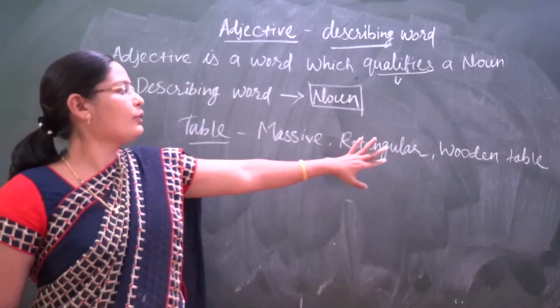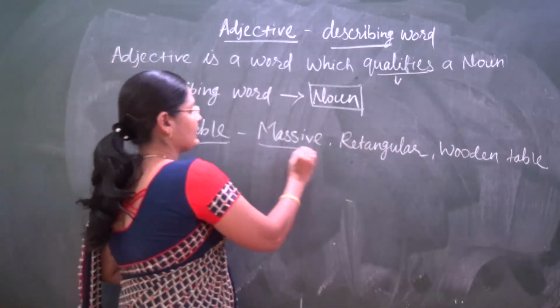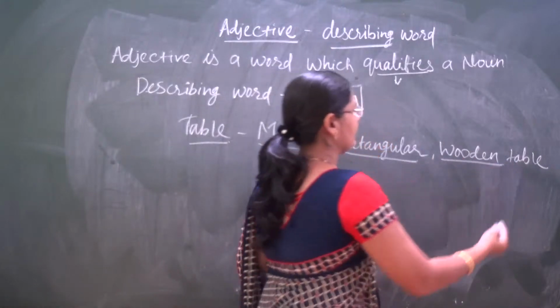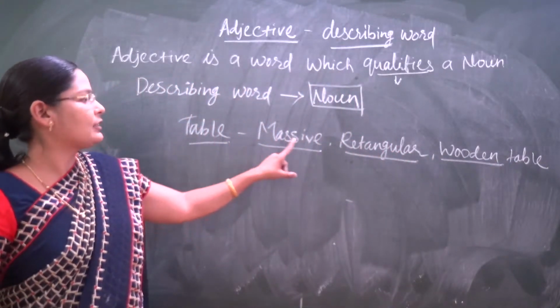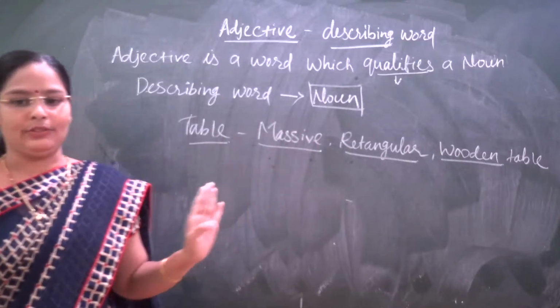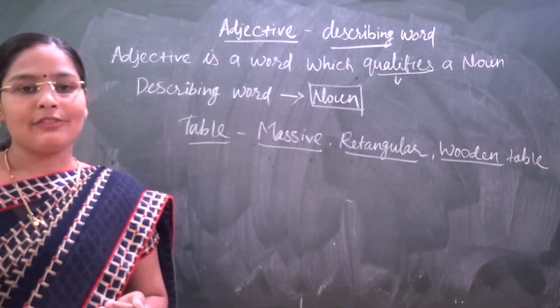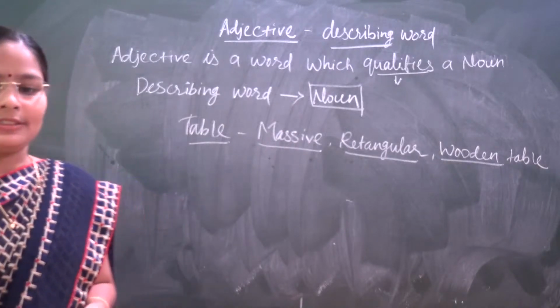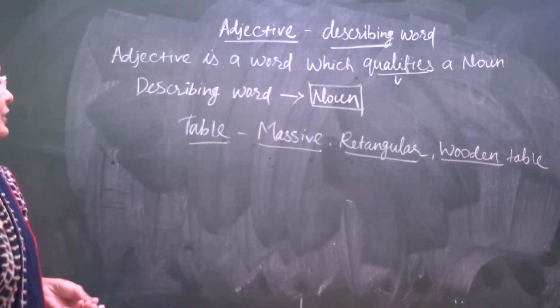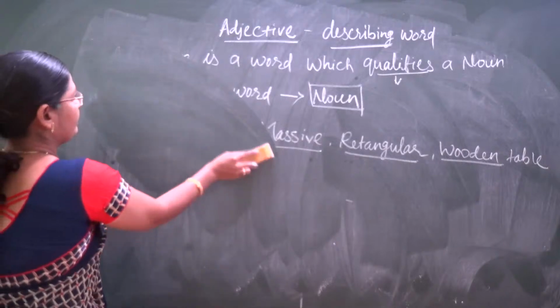So massive, rectangular, and wooden, all these words we use to describe a table, and these are all adjectives. Further, we classify adjectives into 7 types according to their uses. Classification of adjective.